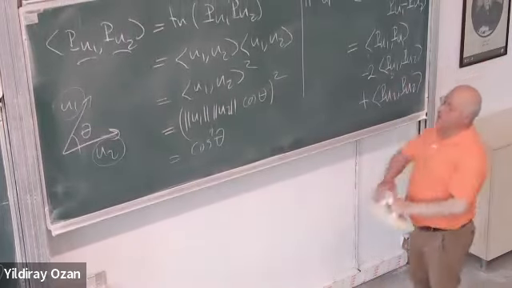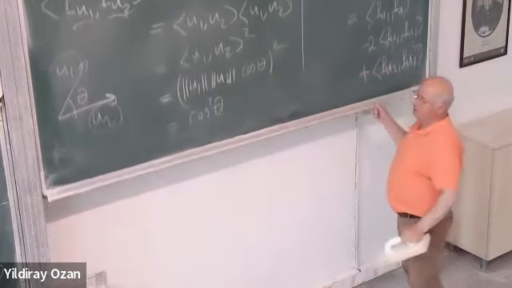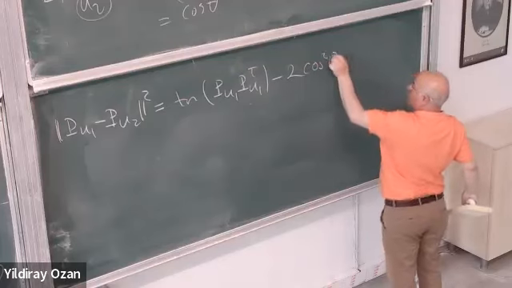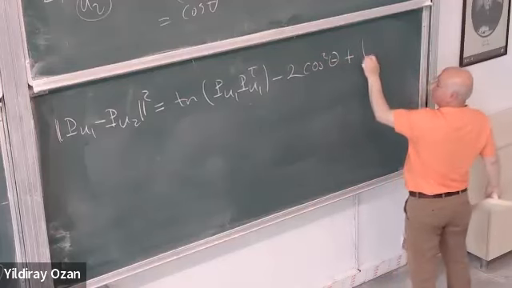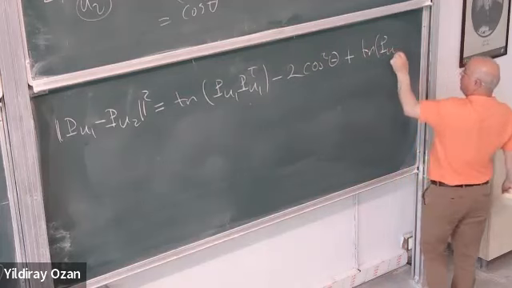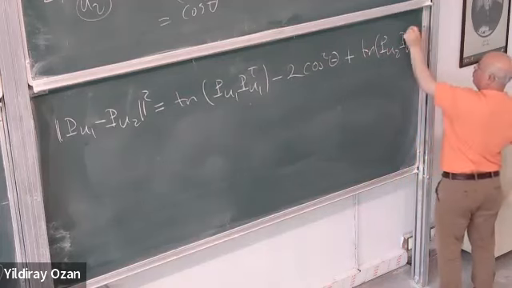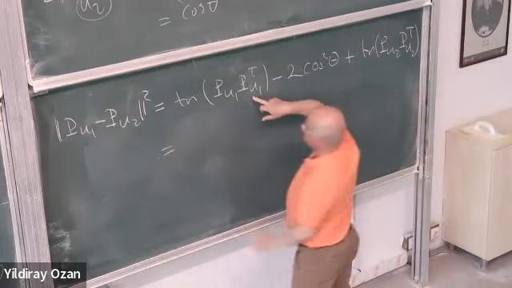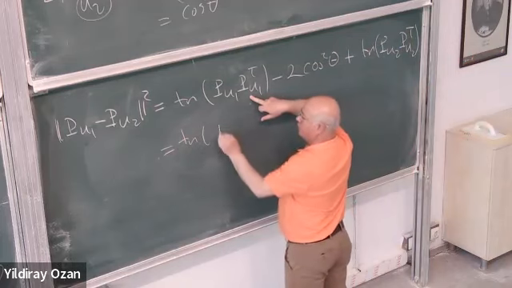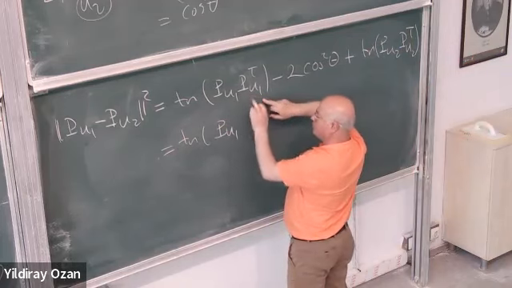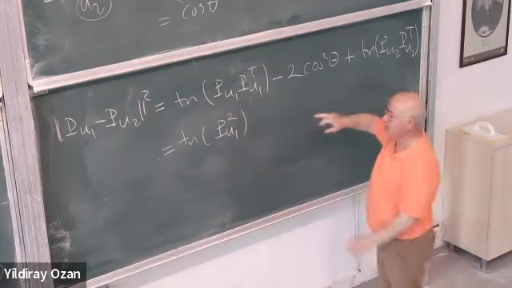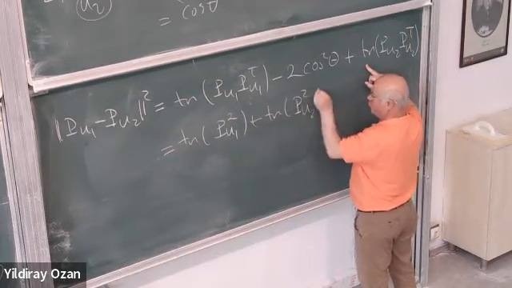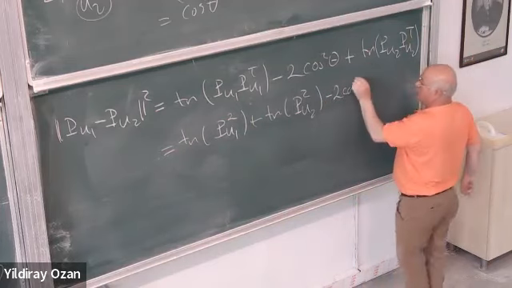This inner product is already computed; it is just cosine square theta. So 2 times cosine square theta, plus the trace of PU2 transpose PU2. Well, this is a symmetric matrix, therefore this is just PU1 times PU1, plus the trace of PU2 squared, minus 2 times cosine square theta.